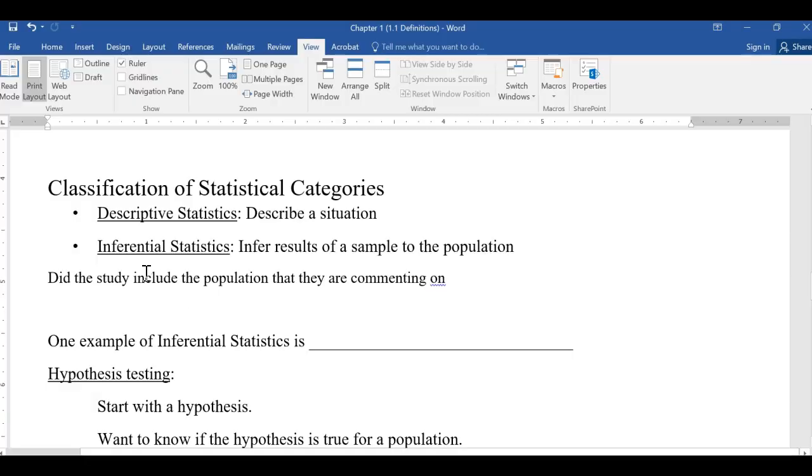All right, let me go back here. Did the study include the population they're commenting on? I should have said the entire population that they are commenting on. That's sort of how I distinguish between descriptive and inferential.